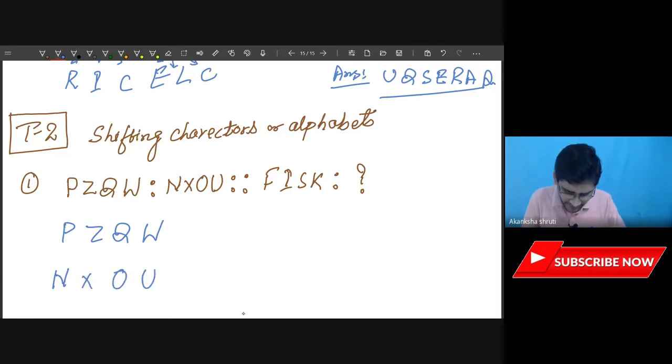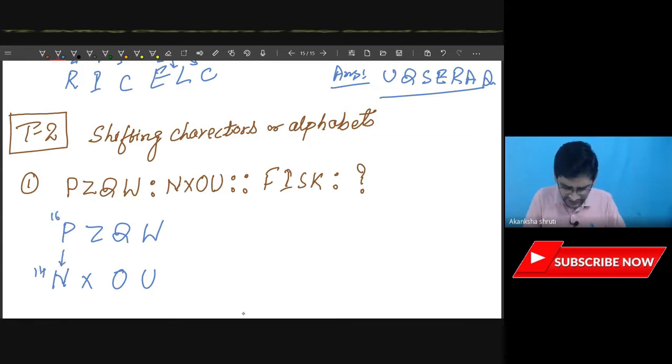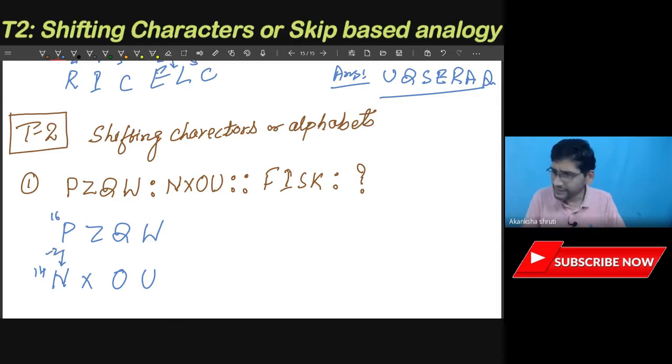So means what? P is brought to N. So P is our 16, N is 14. So 16 to 14 it is like our minus 2. Z to X is our 26 and 24, so again minus 2. Q, our Q is 17 and O 15, again minus 2. W 23, U is our 21, so again minus 2. Means every time we are getting a 2 character backward shift.